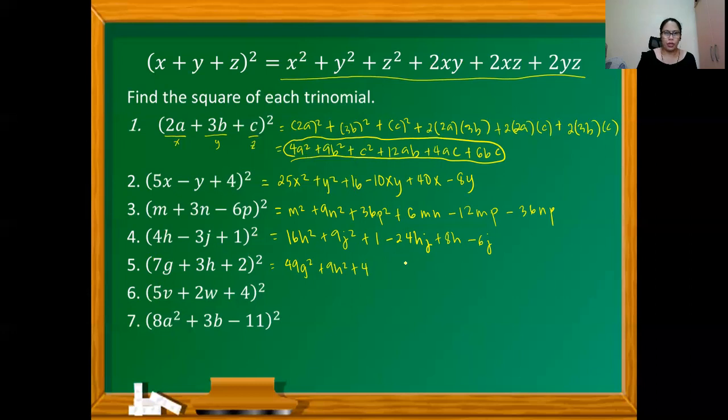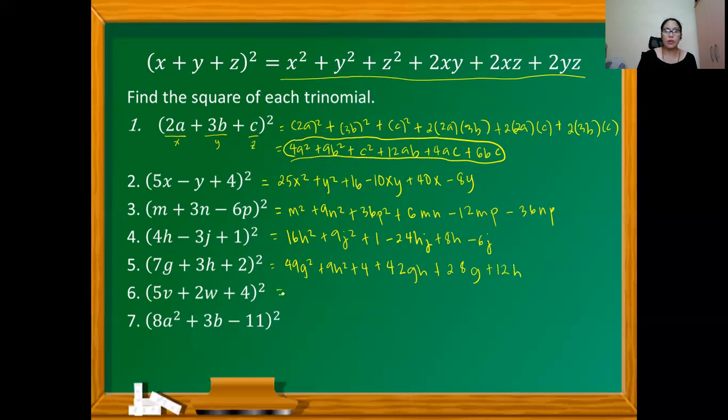So we have 42gh. And then plus 2 times the first times the last term. So this is 14 times 2. So this gives us 28g. And then 2 times the second term times the last term. So we have 2 times 3, 6 times 2, then we have 12h.